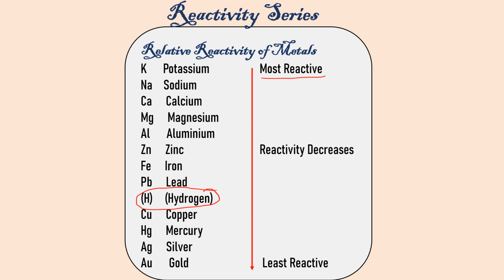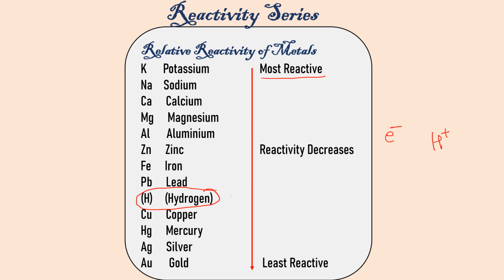also in this reactivity series of metals. Why has hydrogen been placed in this reactivity series of metals? The reason is that like metals, hydrogen also has the tendency of losing electrons and forming positive ions. So hydrogen has been placed here, and now let's see the importance of hydrogen here.